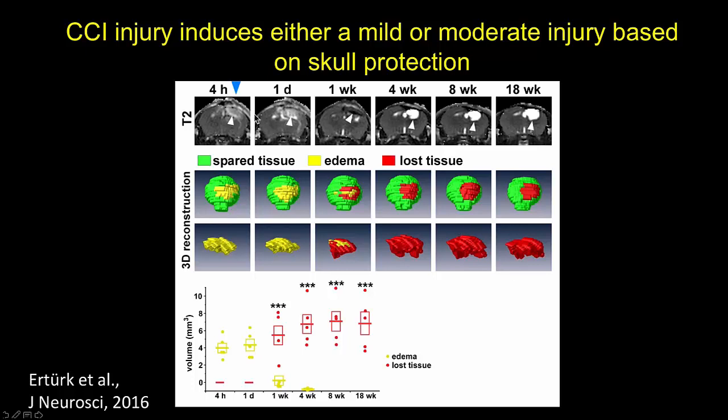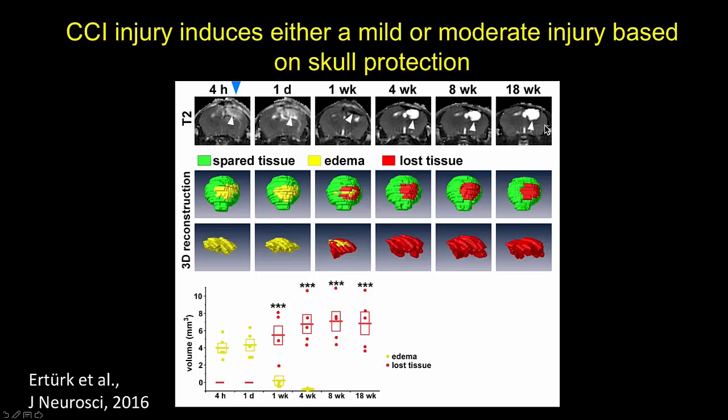You can see here that at the 4 hour time point, the lesion area has this edema, this white signal, and you can see over time it's kind of dissolving, and it's starting to be like a cavity, degenerating. You can see the black hole here, and in 4 weeks the cavity is larger, expanded, and combined with the ventricle. Therefore, it looks white because it's now filled with CSF.